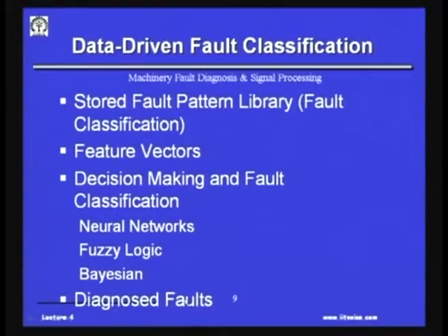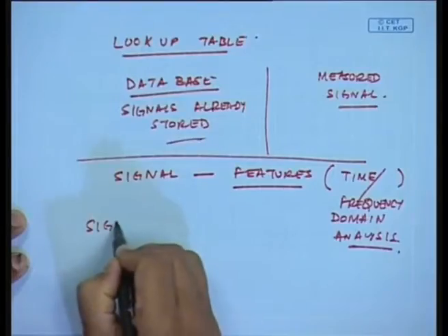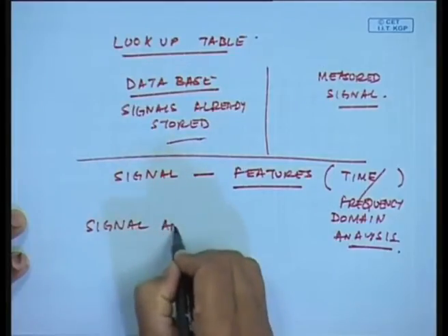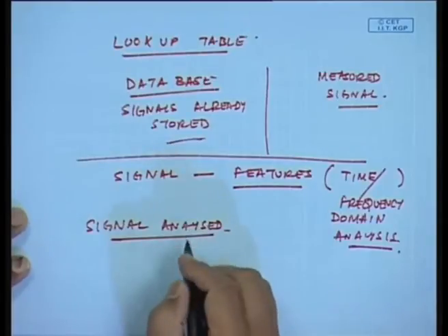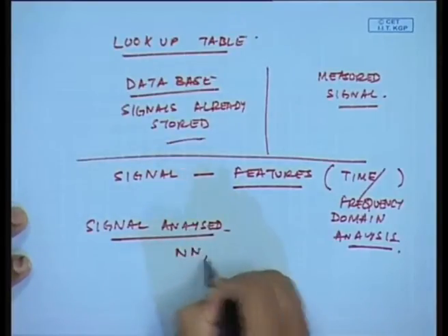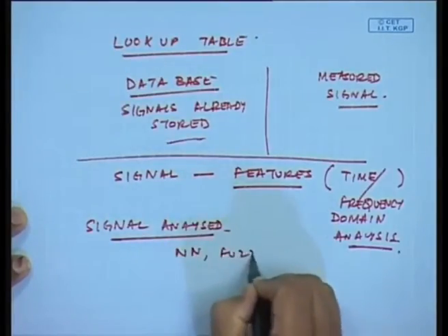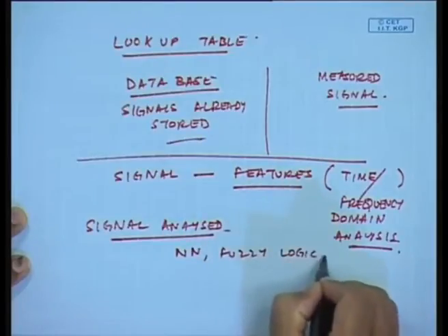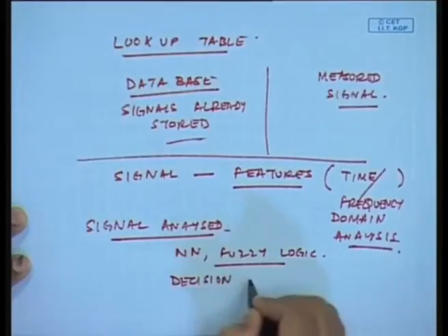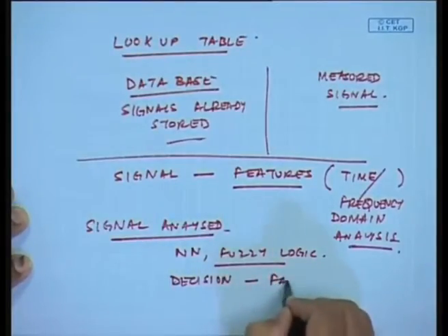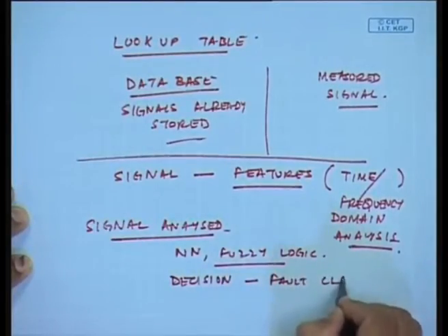So in a data driven fault classification, there are techniques wherein the signals are analyzed based on a neural network or fuzzy logic, and a decision is made on the fault classification.